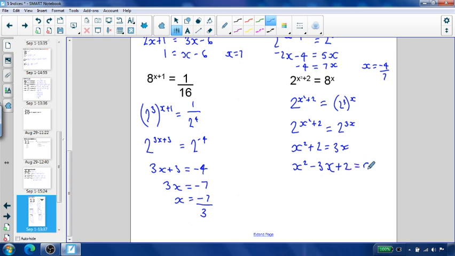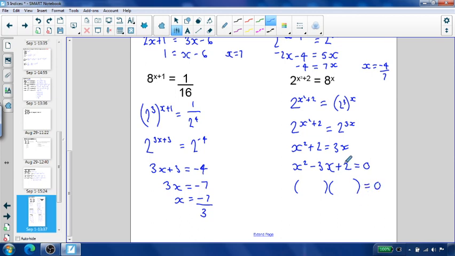And I'll be left with a quadratic that I need to solve. So relying on previous knowledge, it would probably be best to look at factorising this and then solving from there. So I'm going to factorise this quadratic into 2 brackets, and it's still going to be equal to 0.